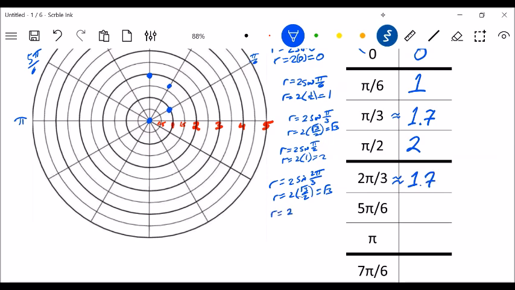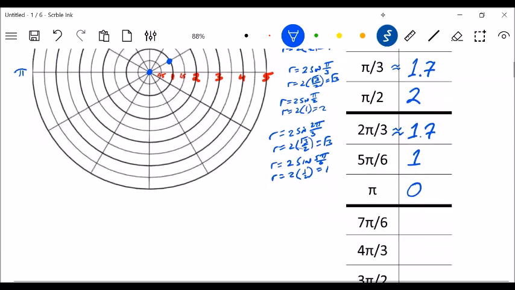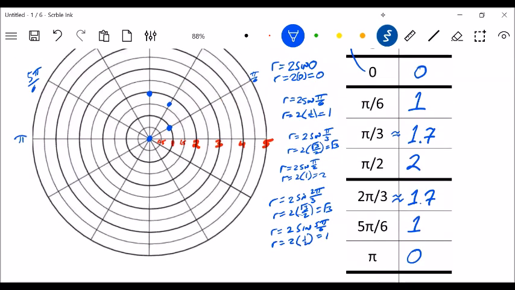And then at 5 pi over 6, r equals 2 sine 5 pi over 6. Well, at 5 pi over 6, the sine is 1/2. So the 2's cancel, so we get another 1. And at pi, I'll give you what they are, because you see how to do this. So let's graph those three.